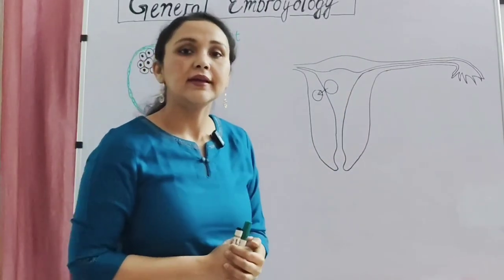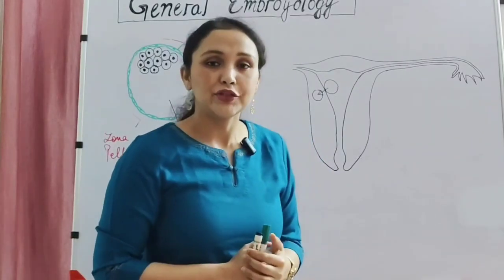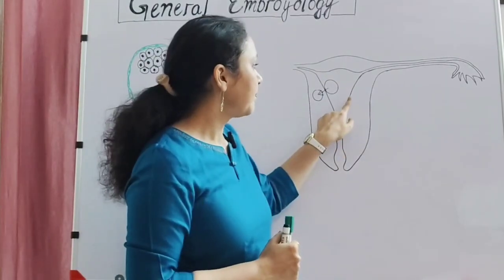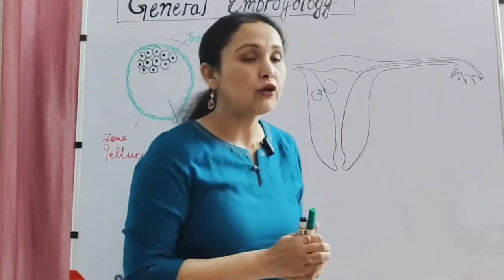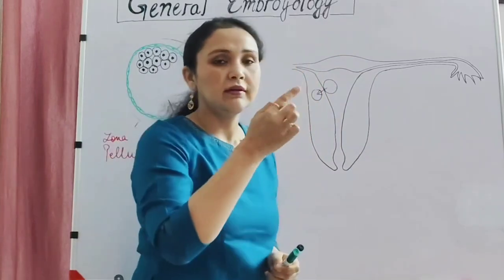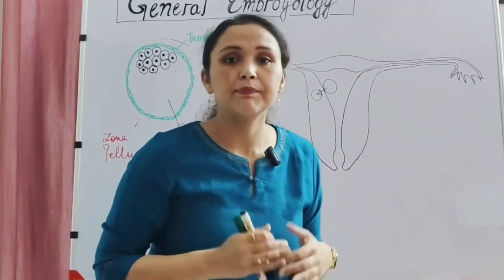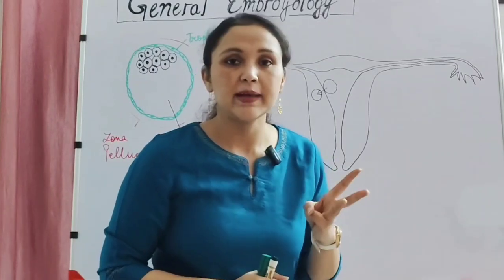And then there is another, the eccentric implantation, in which the implantation occurs in a crypt in the uterus. Crypt means the lining endometrium. It shows a fossa, a depression where the blastocyst implants. So there are three types of implantation.